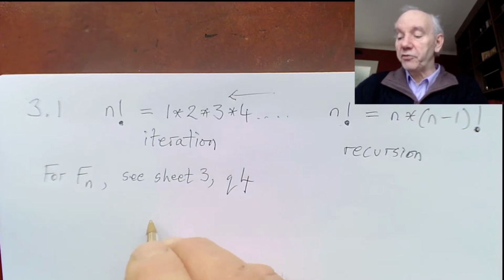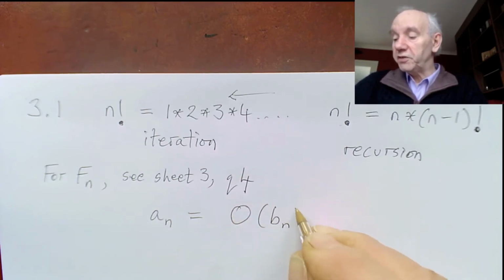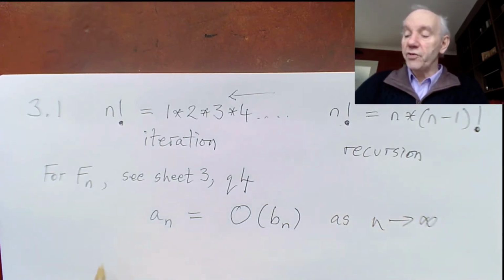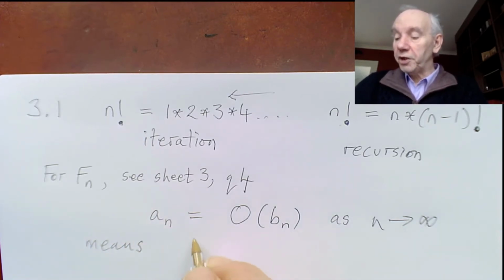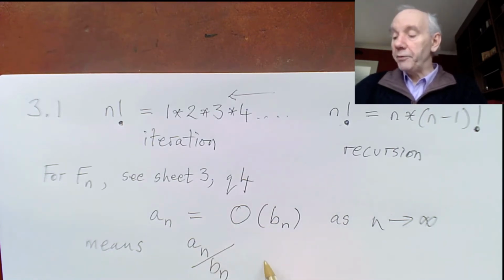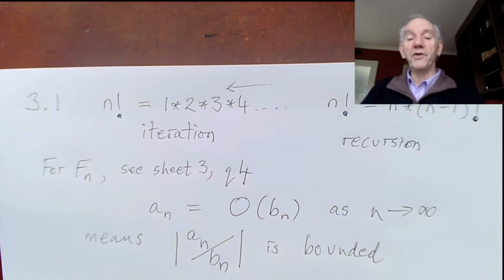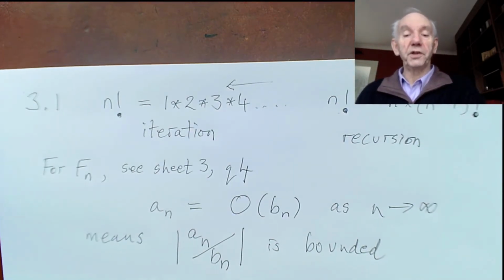Just to remind you, if you have 2 sequences and we say that a sequence a_n is big O of b_n, I'm really doing the individual terms, as n goes to infinity, this means, remember, that the quotient, assuming b_n is not always 0, a_n divided by b_n is bounded as n tends to infinity. Or what's the same difference, the absolute value of that is bounded by a positive number as n goes to infinity.